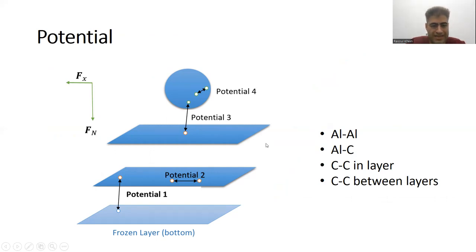Here we see four types of interactions: interactions within graphene, interactions between graphene layers, interactions between aluminum atoms, and interactions between aluminum atoms and graphene carbon atoms in the surface.